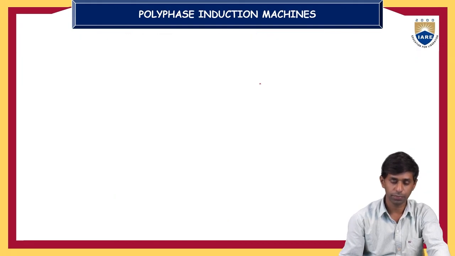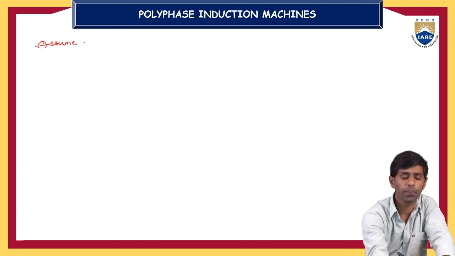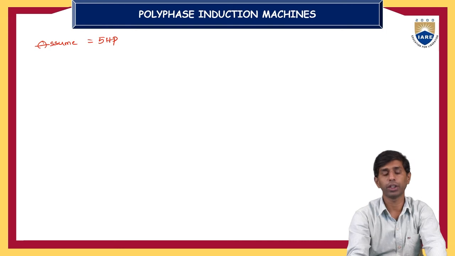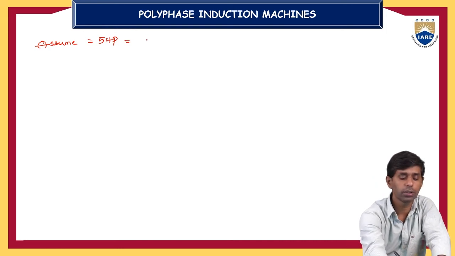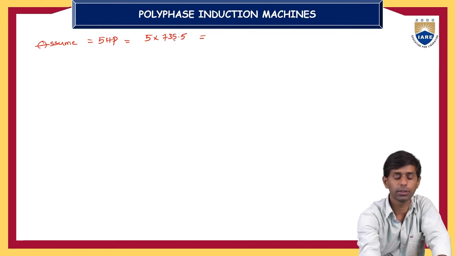For example, I assume the motor is 5 HP. Convert into watts: 5 into 735.5, for example. How much is it?